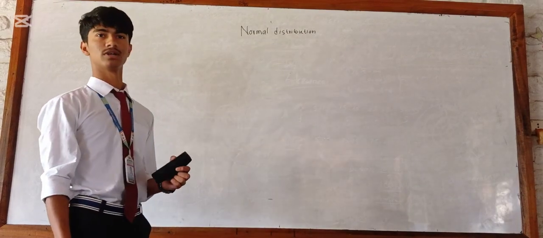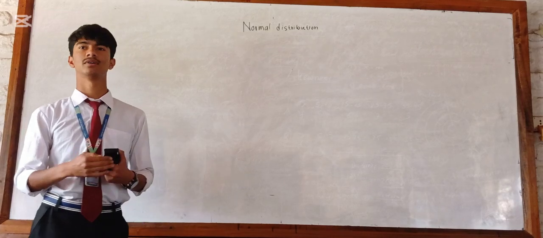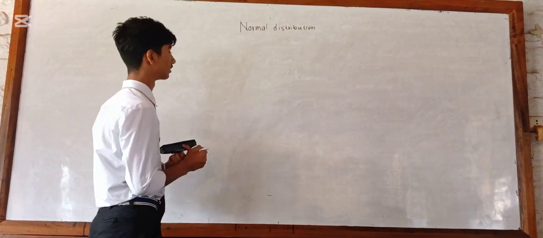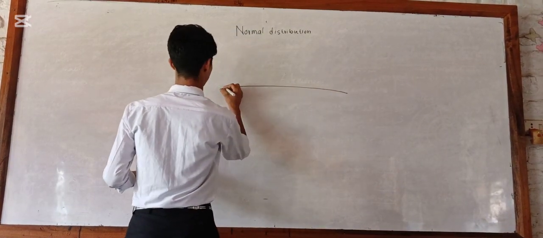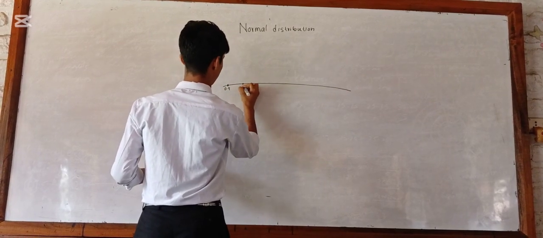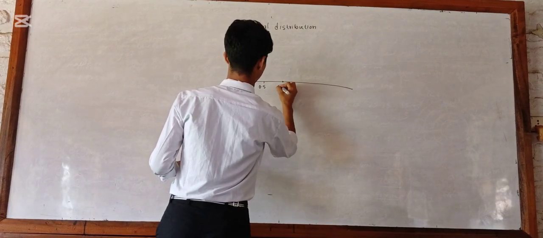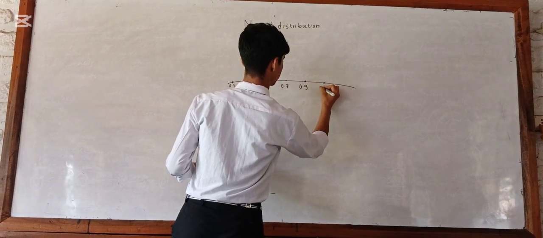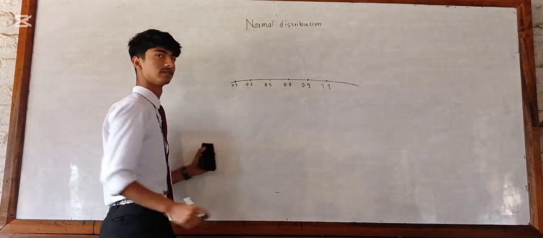In normal distribution, let us assume that we took the data of height of the students of class 11 and 12, and let's suppose we get this. This height is in meter.